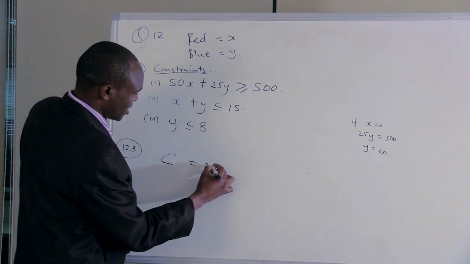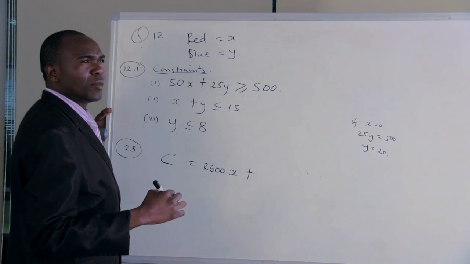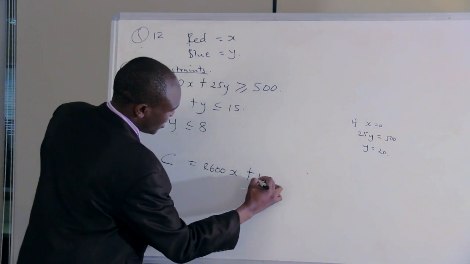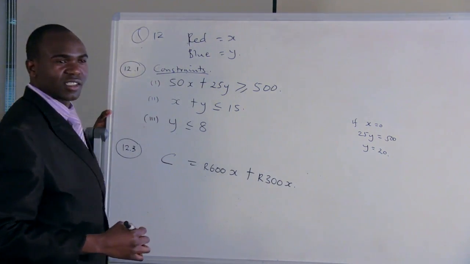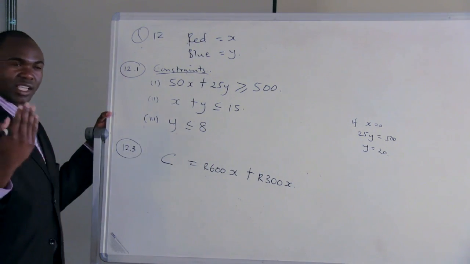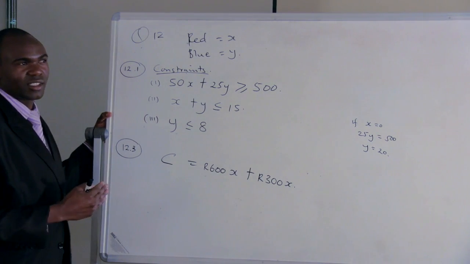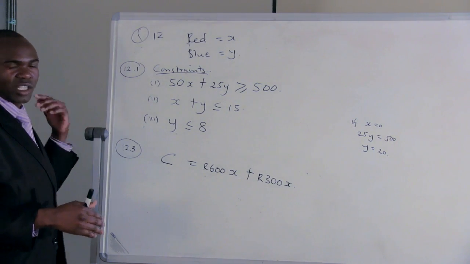So it's going to be 600 per bus times x, plus, how about blue buses? 300y. So this is the expression for the cost. Done? That's why it says write down the total transport cost.